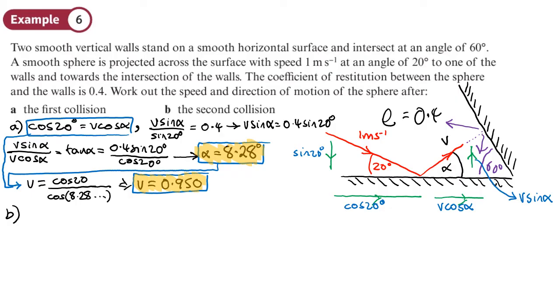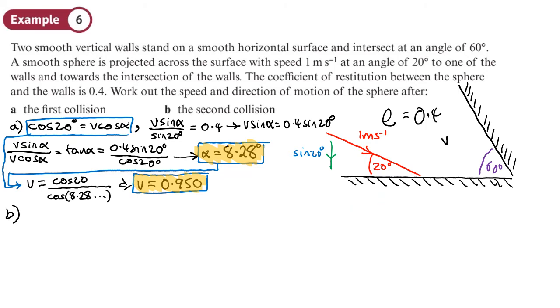Now I did say before I wanted to maybe adjust my diagram based on this angle alpha, so that's going to help me decide where this is bouncing afterwards. So let's just take these off for a minute, and now we'll just look at the second part of what's going on. Obviously in the exam you just draw a fresh diagram for the next part.